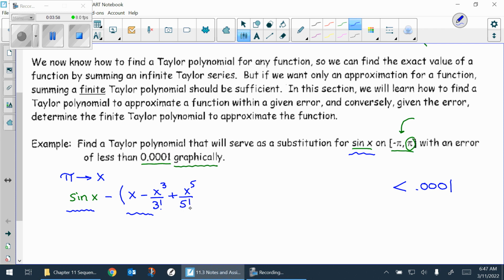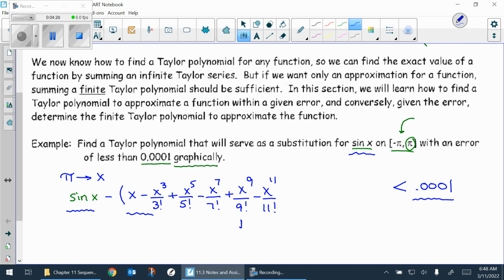I stop there and calculate that. Is the difference less than this? And the answer is no. And I keep going, and I check this.